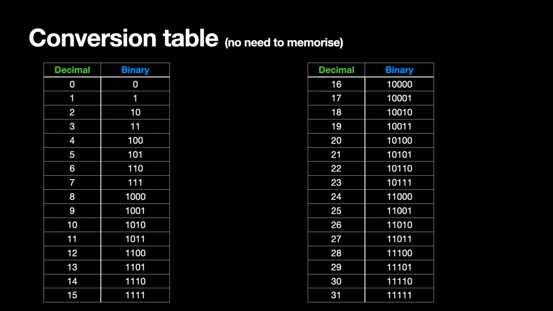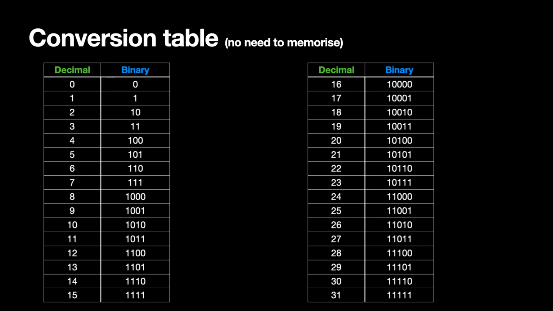Let us quickly look at a conversion table. Remember that you don't need to memorize this table. This is just for your understanding. Notice that 0 in decimal is 0 in binary, so on and so forth.